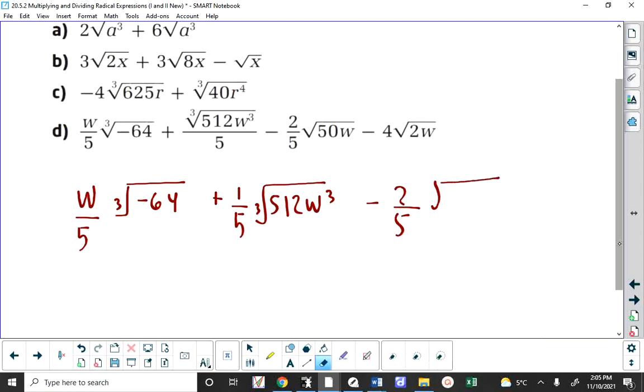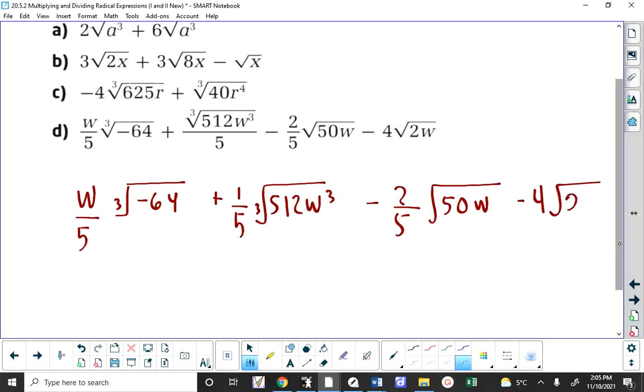We've got to be careful here mixing up cube roots and square roots. So I'll just make sure that I've written that down correctly. And it is.